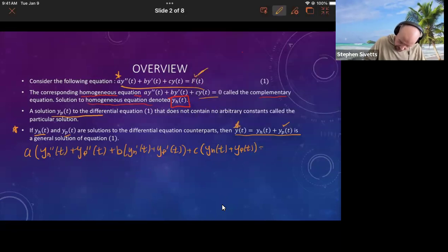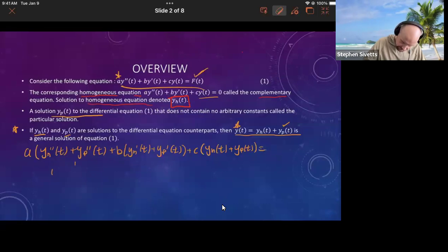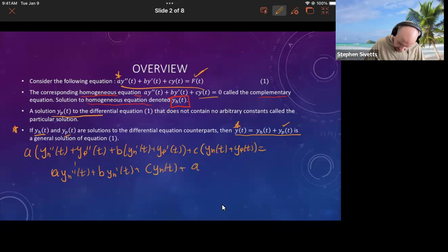So this would equal a times y h double prime plus b times y h prime plus c times y h, plus a times y p double prime plus b times y p prime plus c times y p.